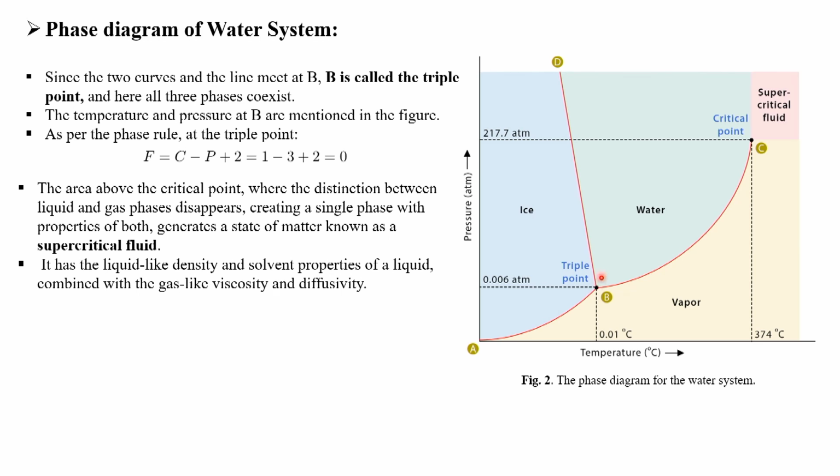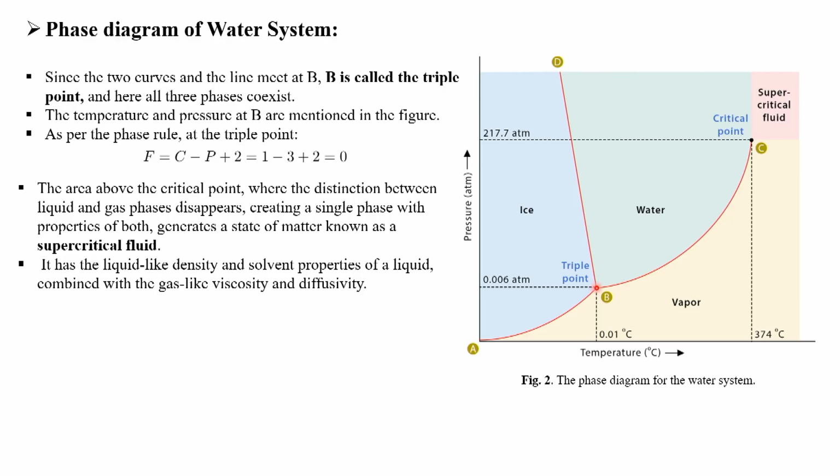Any two curves we consider, BC or BD, meet here. At this point all three phases coexist, because you get water vapor, liquid water as well as solid ice. So this is called the triple point, meaning there are 3 phases at this point.